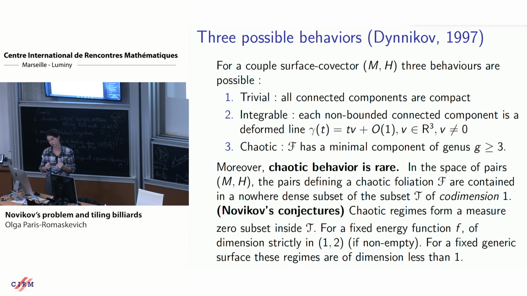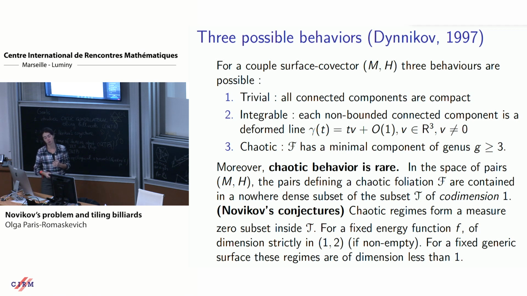In the second case, when you have deformed lines, it corresponds to embedded tori inside the circles, which have just linear rotations on them. And chaotic case means that your foliation has a minimal component of genus bigger than 2.